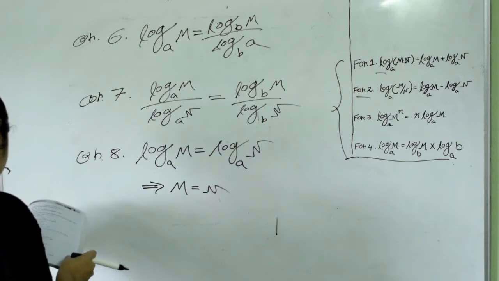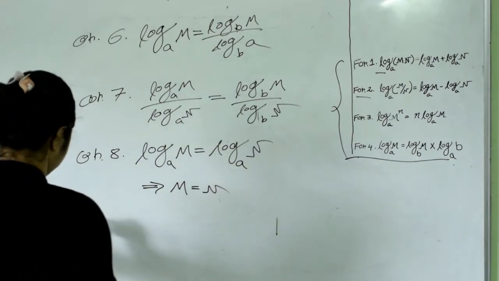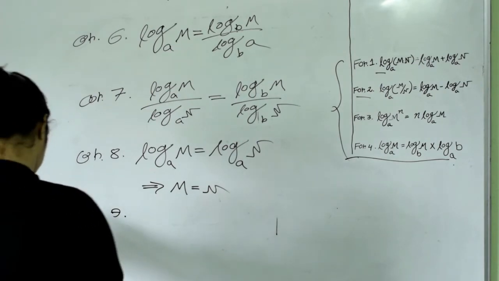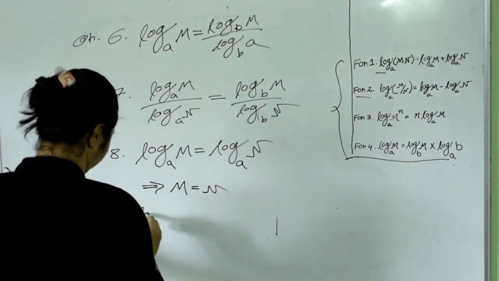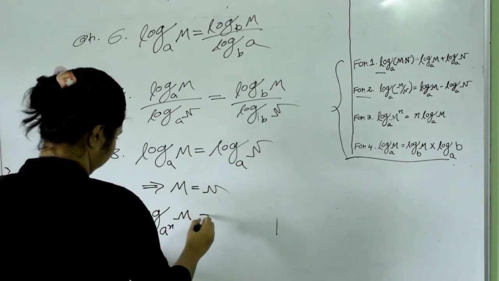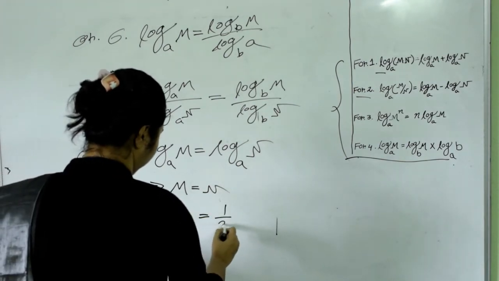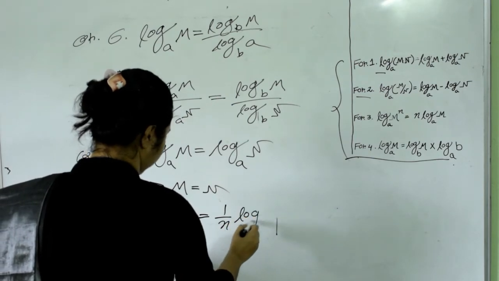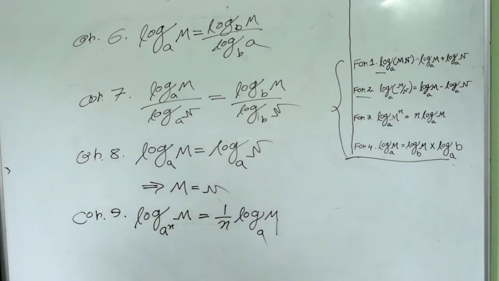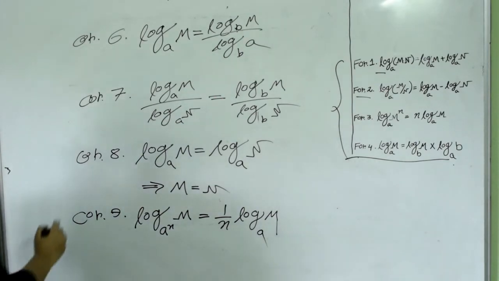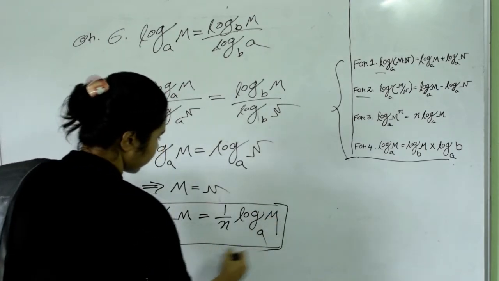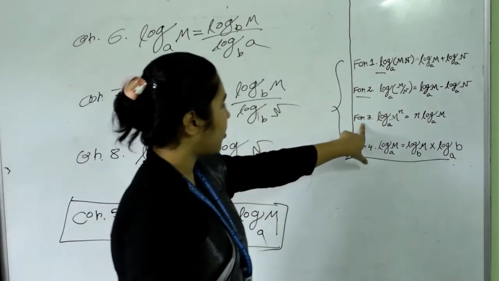And one more. Log m to the power n of a is equals to 1 by n log m a. Now this is also an important corollary. Look at formula 3.